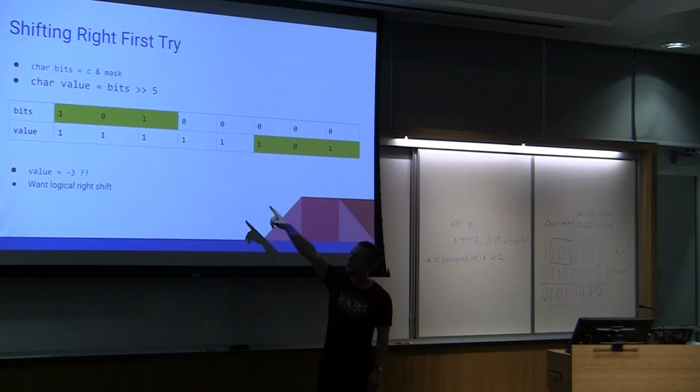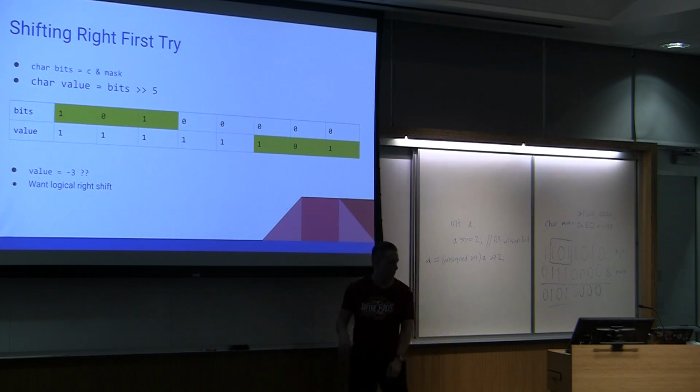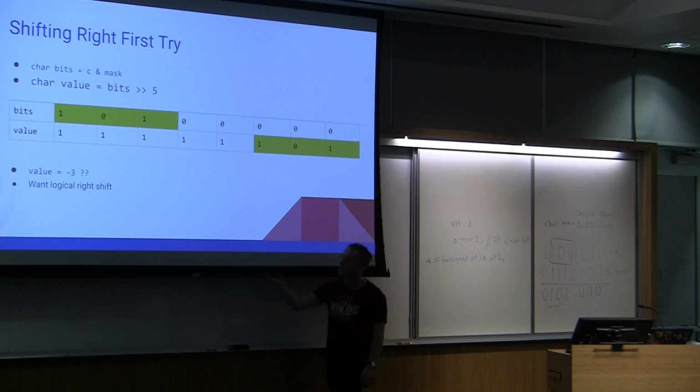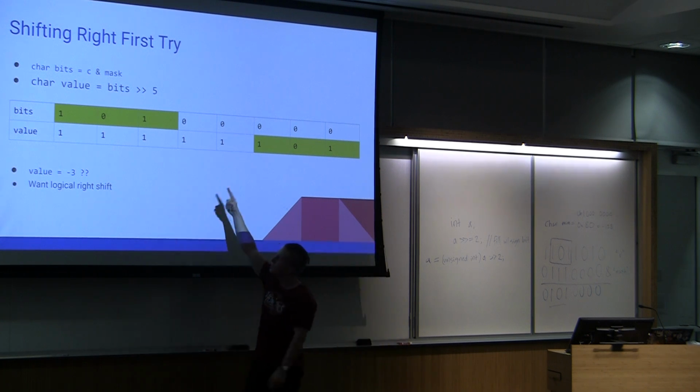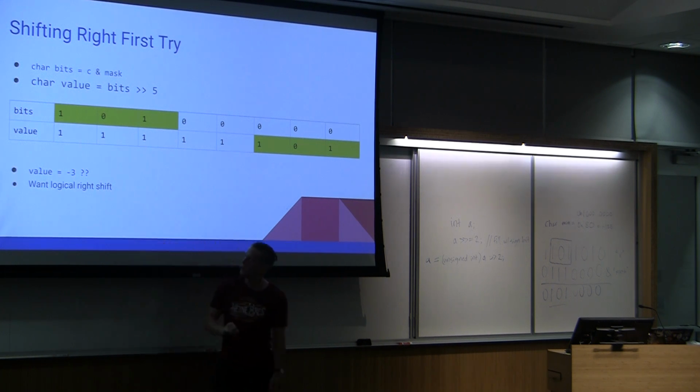So if I just naively say, let's take bits and right shift it by 5, because I want to move these 3 yellow bits to the least significant position in the number, then I'm going to get an arithmetic right shift. And so I bring in all these ones. And the result is that what I thought I was doing was isolating the number 101, and I actually get the value -3, which isn't what I wanted.